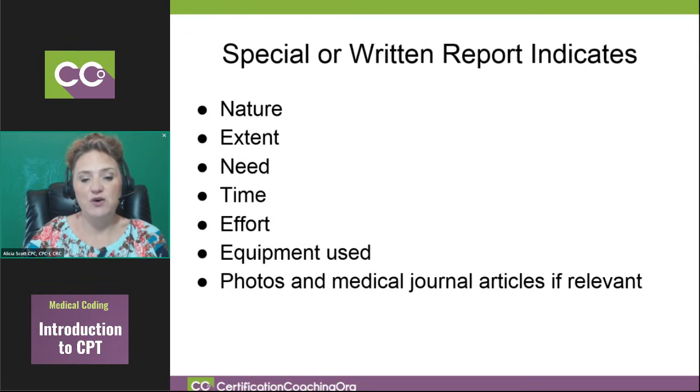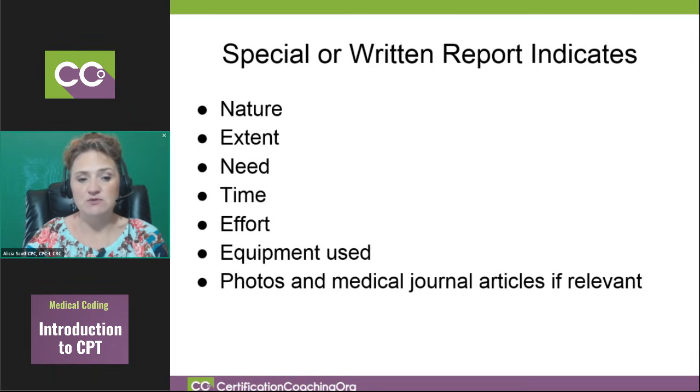You can include photos and medical journal articles if they're relevant. Again, you are trying to prove to the payer why you needed to append that modifier, or why that code was necessary, not just the modifiers, but why you use this code.